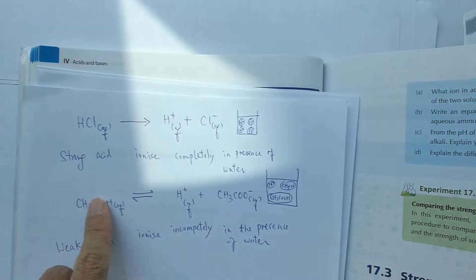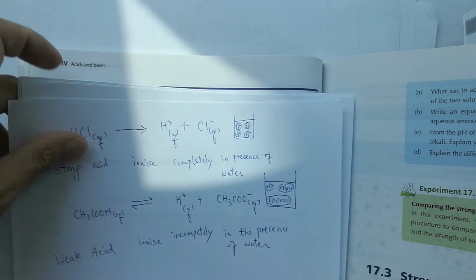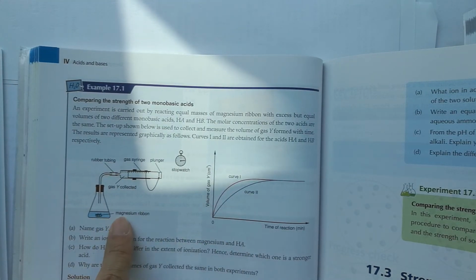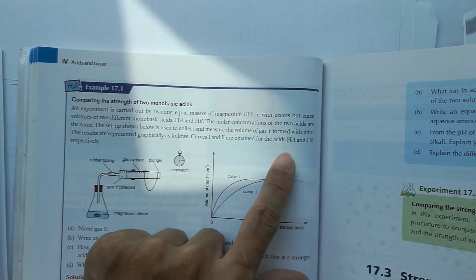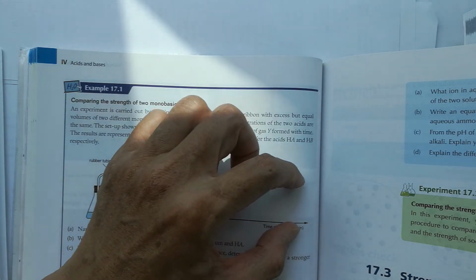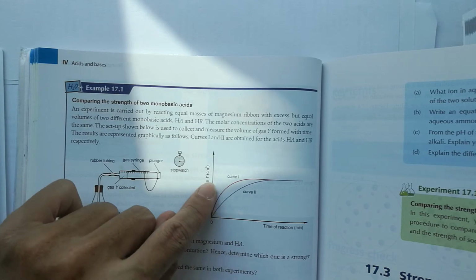The weak acid has a lower concentration of H+, so it reacts slowly with the magnesium. But they have the same concentration, so at the end, they give the same volume of hydrogen gas, although they have different rates of reaction.